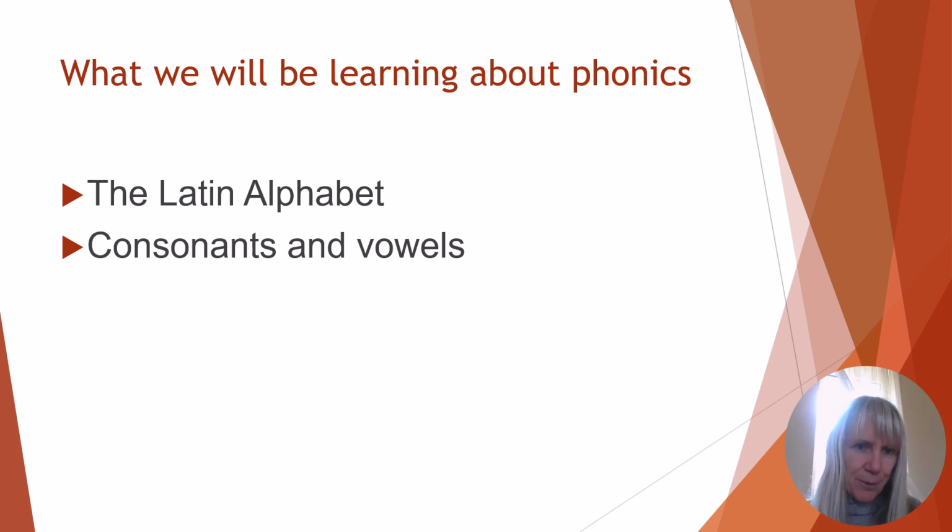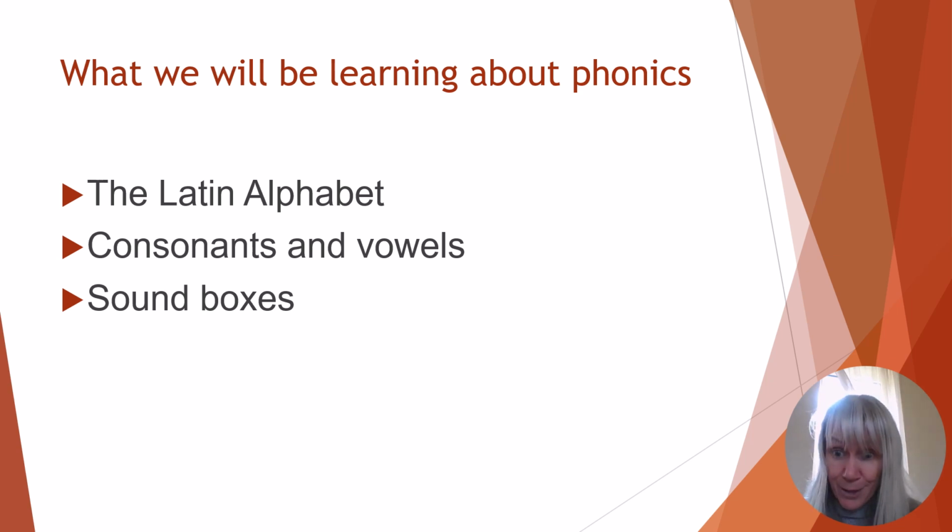So just remember that we'll be learning about how consonants and vowels help to make our word parts. And our word parts, of course, make our words. We'll also be looking at something called sound boxes. Again, all about the sound, and the use of the 3P approach is all about sound.